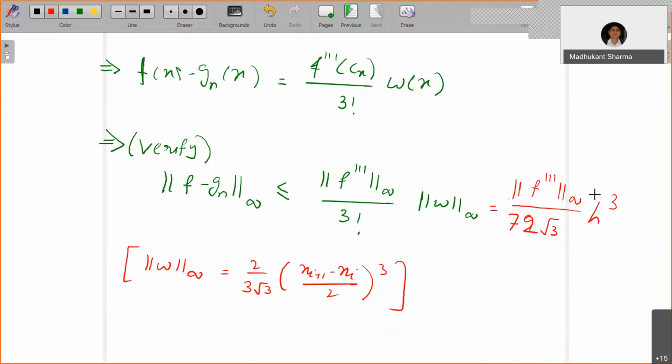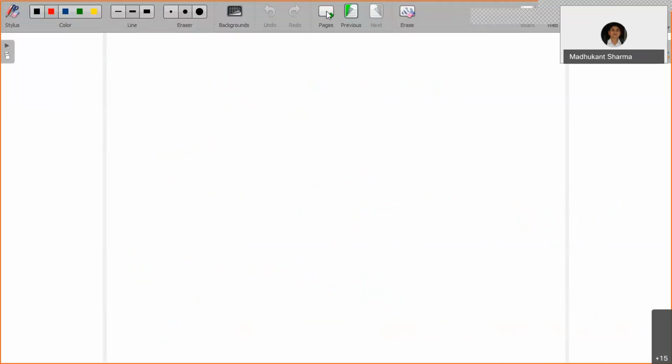Now let's work with the same example, and we wish to achieve the same accuracy. We have f of x equal to square root of x, with x belonging to the closed interval 1 to 2, and h equal to (b minus a) by n, so 1 by n.